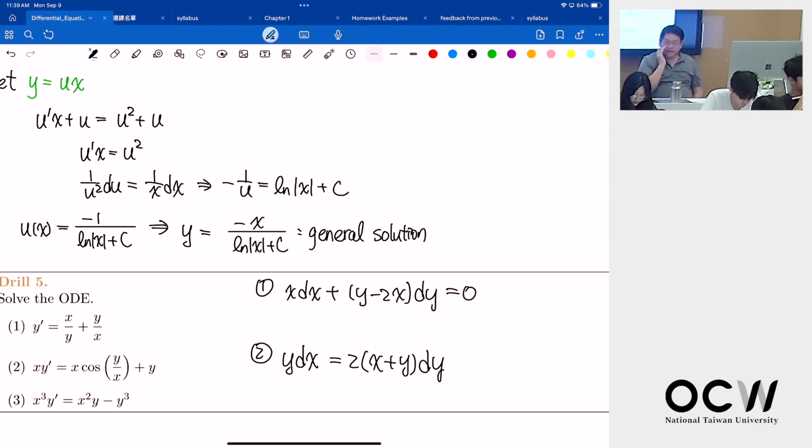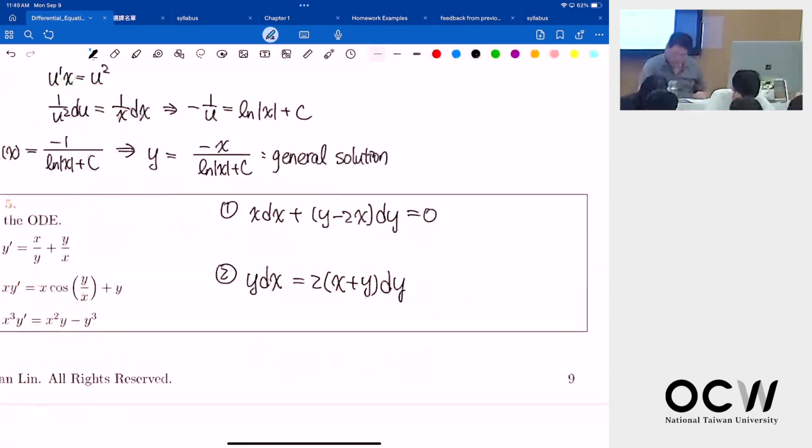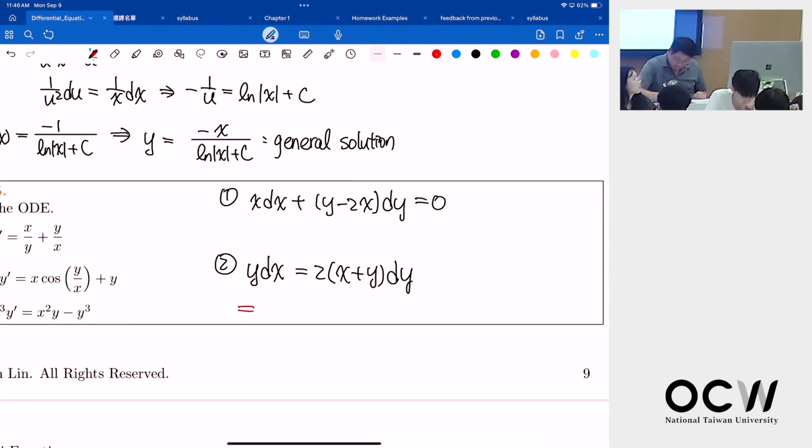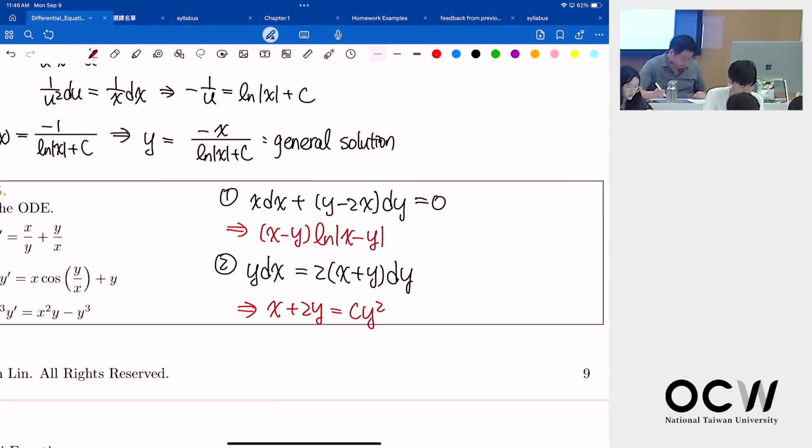If it is homogeneous, then what is the solution? Okay, I'm giving you the reference answers. You can also practice and check. It should be x plus 2y equals cy squared, and x minus y natural log x minus y equals c x minus y.